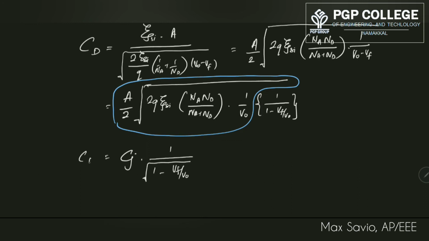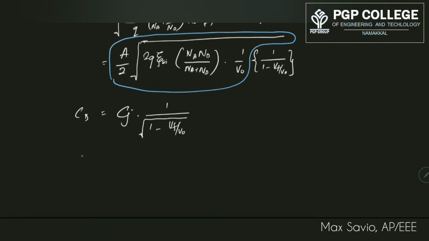By the general expression, as I already told you, either you can have it in the square root, or in general your CD can be written as Cj times 1 divided by 1 minus Vf by V0, the whole power n.